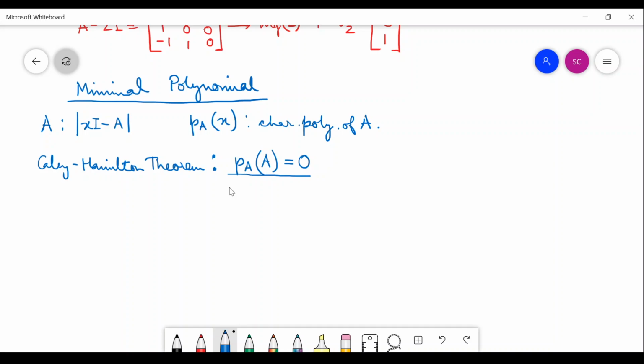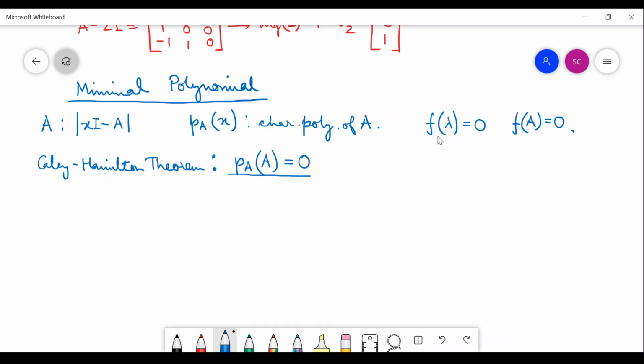It actually says that for any function of the eigenvalue of the matrix A, if it is equal to 0, then the same function with the matrix A itself will also become 0.